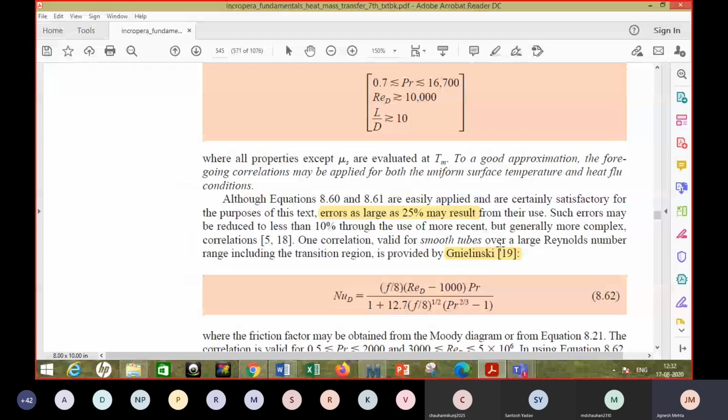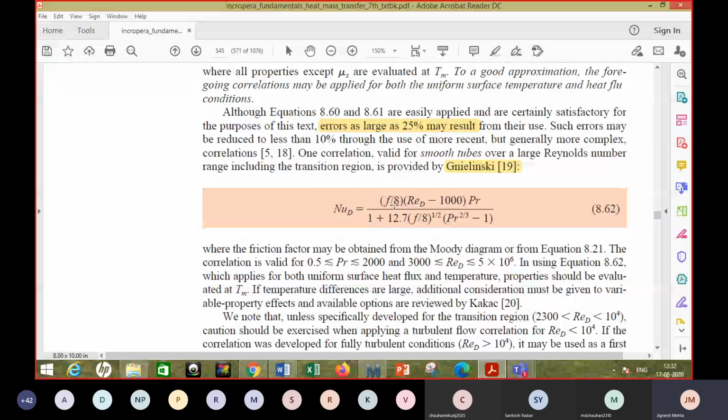Here the friction coefficient, Moody's friction factor, is used, and you may find it by this f from the Petukhov correlation. This is for the smooth tube, and you may put that f here, and this would be more accurate, claimed to be around 10% accurate.